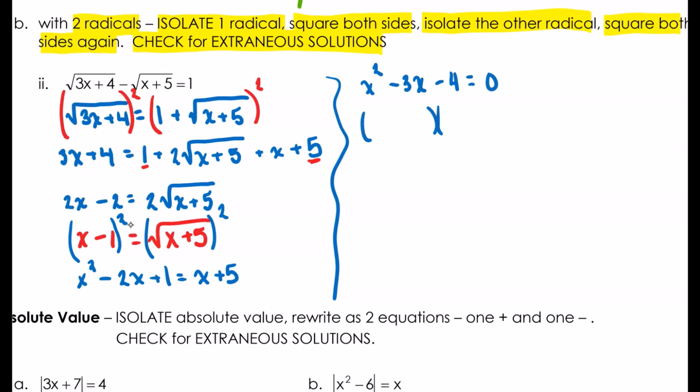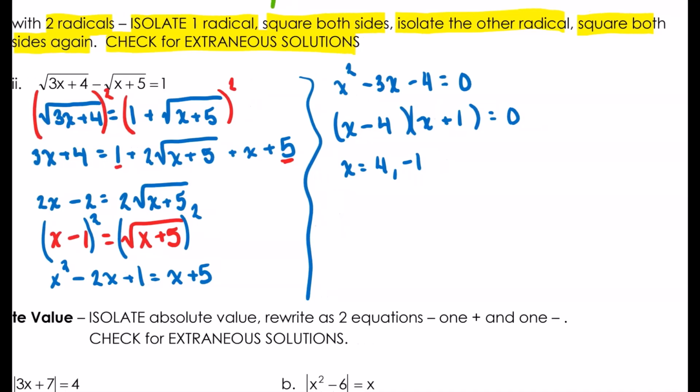Every quadratic we try to solve by factoring, and this one's going to factor nicely for us. And so then my solutions look like it's 4 and negative 1. Again, we can't assume that these are going to work, so we've got to check each one.